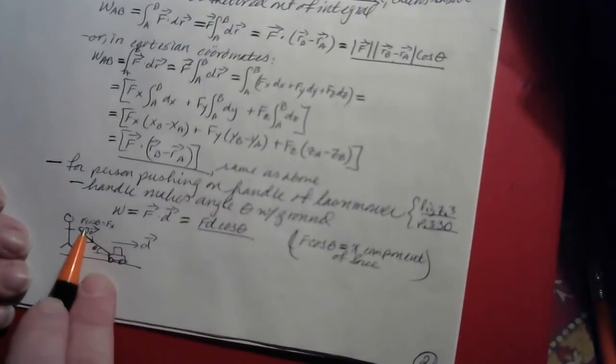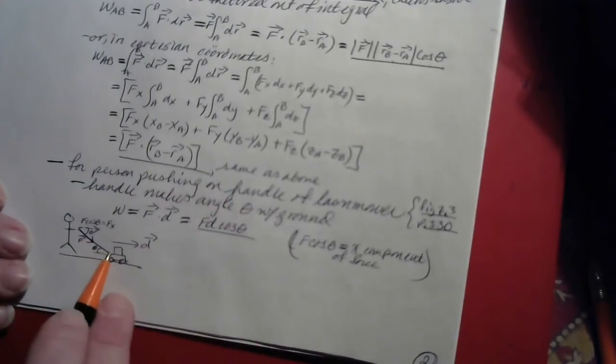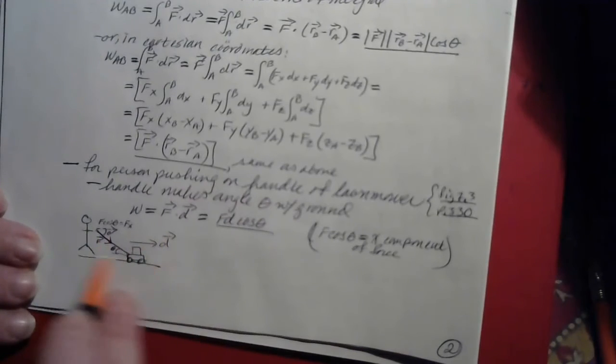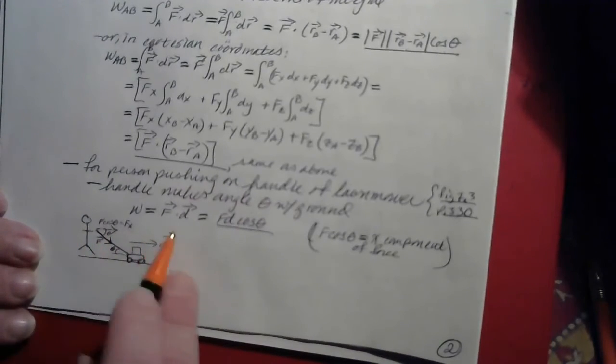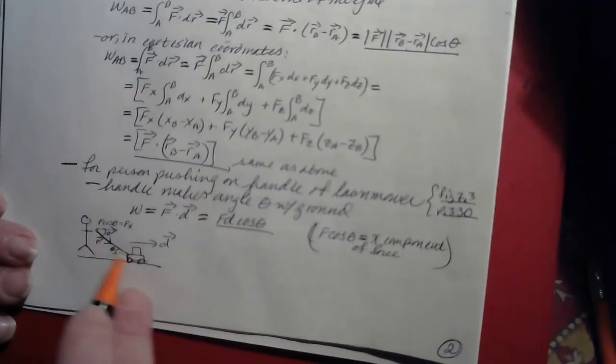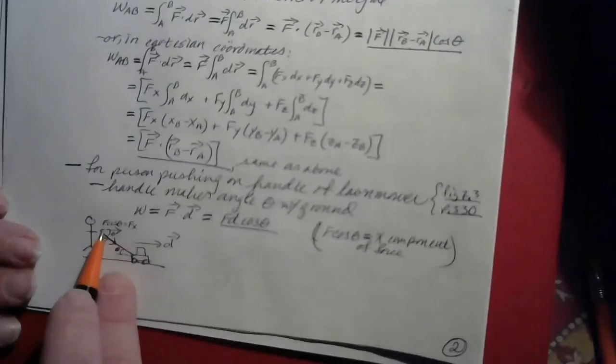And the angle is theta. It could be taken as the angle above the horizontal, like here, or the angle below the horizontal at the top of the handle, because the horizontal is going to be parallel to itself, no matter where you draw the horizontal line. So by the rules of geometry, this angle here should be the same as this angle here. And so it doesn't matter which one you call theta.